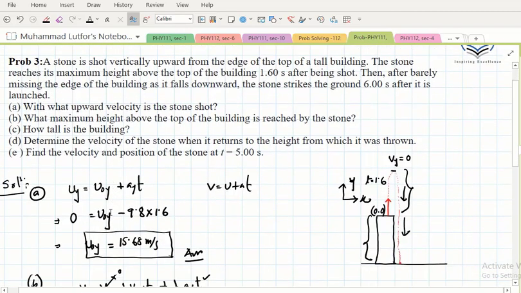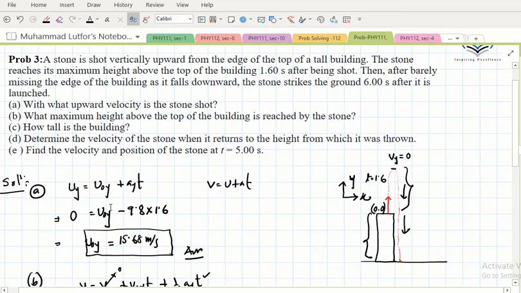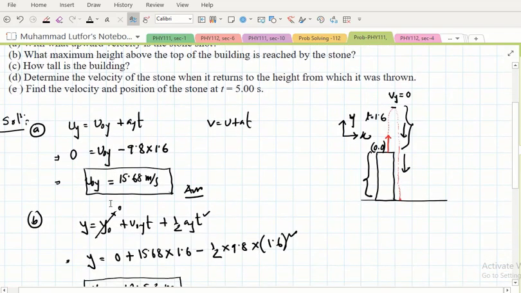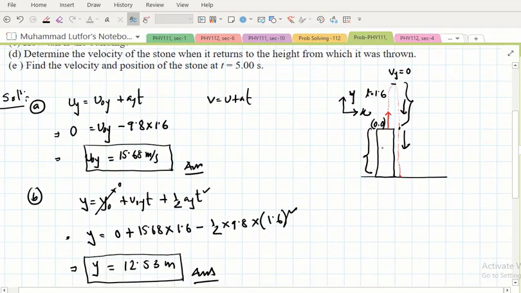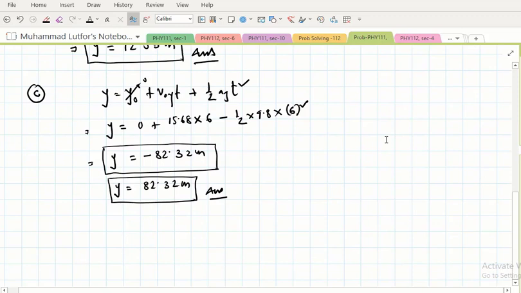The D, determine the velocity of the stone when it returns to the height from which it was thrown. So that means what would be that velocity when it is at the point over here, when it is thrown from that height. So we can use that formula to find out.